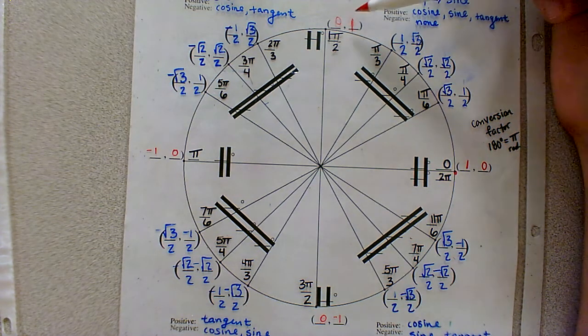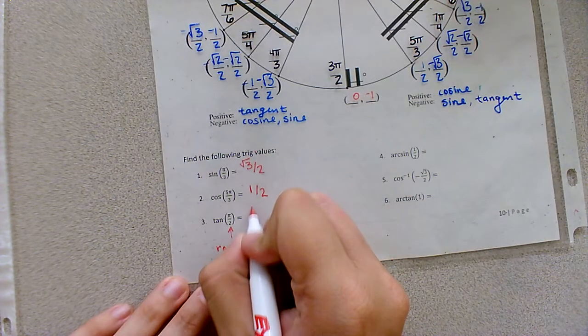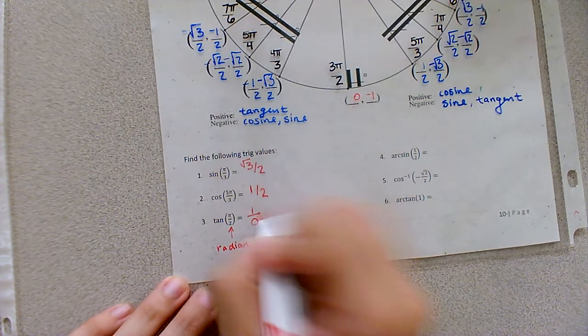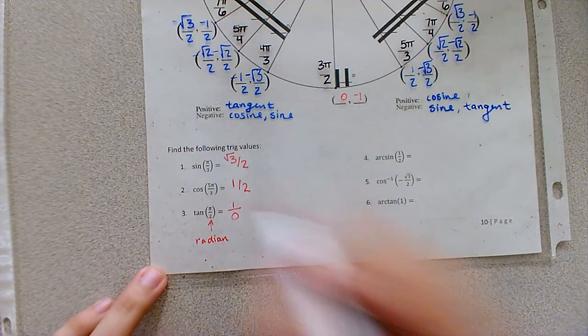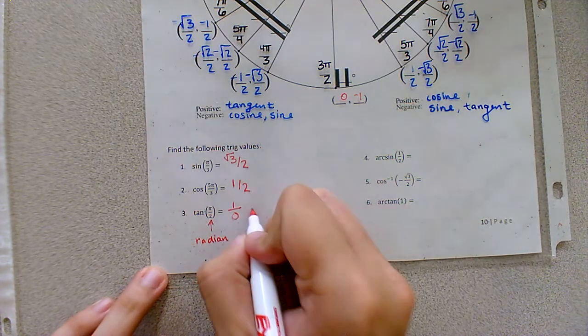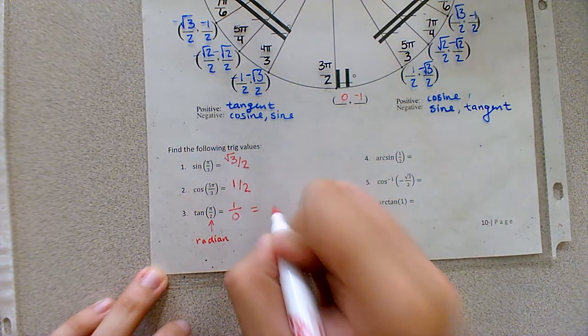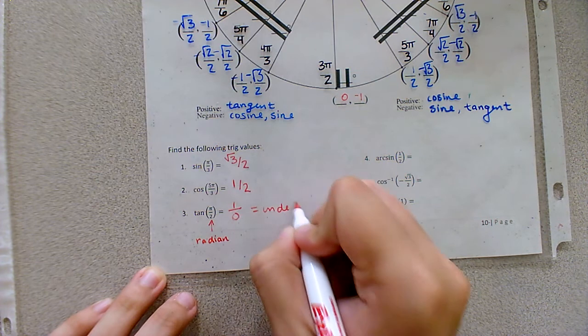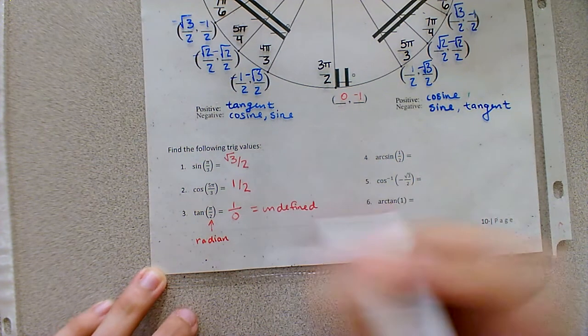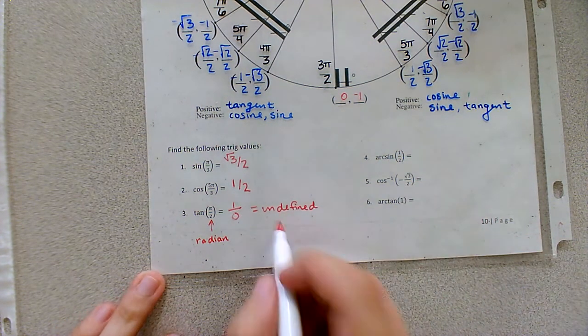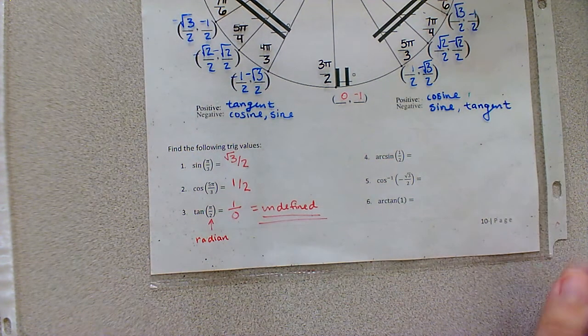So we need the y-coordinate, which is 1, divided by the x-coordinate, which is 0. Now hopefully light bulbs are going off in your head at this point. We cannot divide by 0, so therefore the tangent value is undefined at this location, meaning there isn't a tangent value.